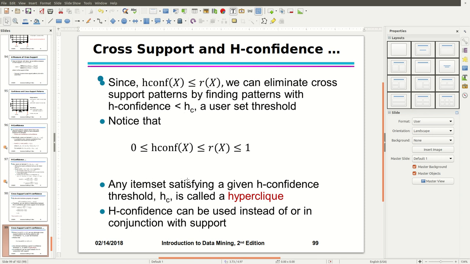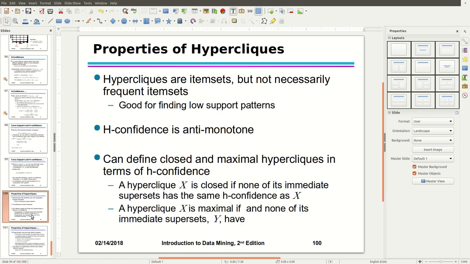Any item set satisfying a high edge confidence threshold is called a hyperclique. If it satisfies a given edge confidence threshold, it is called a hyperclique, and edge confidence can be used instead of or in conjunction with support. We can either use confidence, support, or this one, or together we can use that.